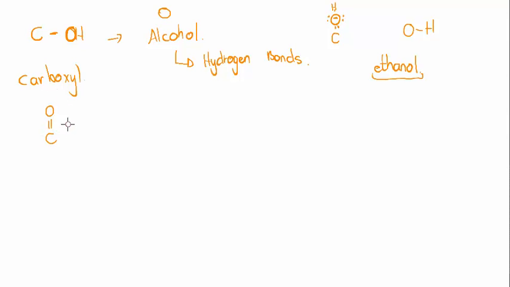A carboxyl is when I have an oxygen double bonded to a carbon. Now remember, carbon has 4 bonds it can make, so it still has 2 left. Here we find a high electronegativity with carbon, the same as with halogens, so the forces that exist in carboxyls are dipole-dipole forces.